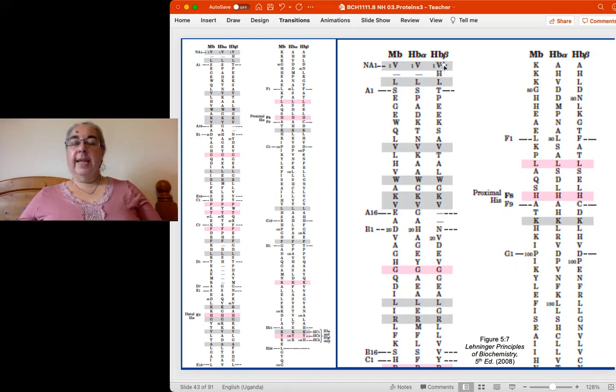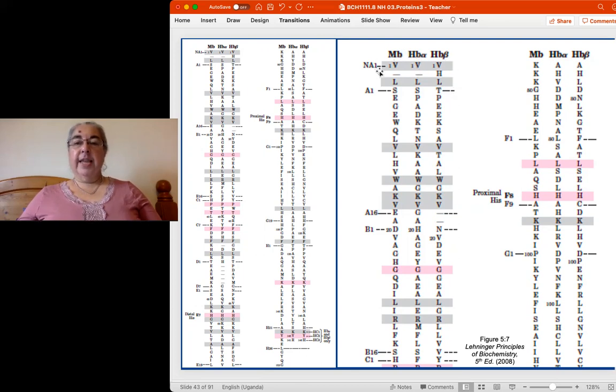So you can see here that we're using the single letter abbreviations for the amino acids. And when you're making this sort of sequence, it's very useful to just have those single letters, which is one of the reasons why we use them. And you can see here that a comparison has been made between the amino acid sequences in these 3 similar but slightly different proteins. You'll be learning more about them in a couple of lectures' time.